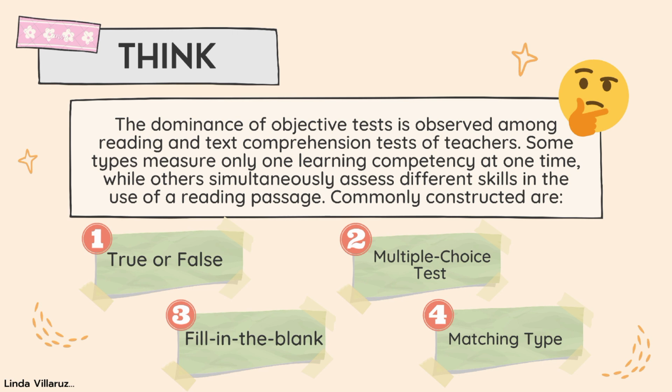Some types measure only one learning competency at one time, while others simultaneously assess different skills in the use of a reading passage. Commonly constructed are: first, true or false; number 2, multiple choice test; number 3, fill in the blank; and number 4 is the matching type.